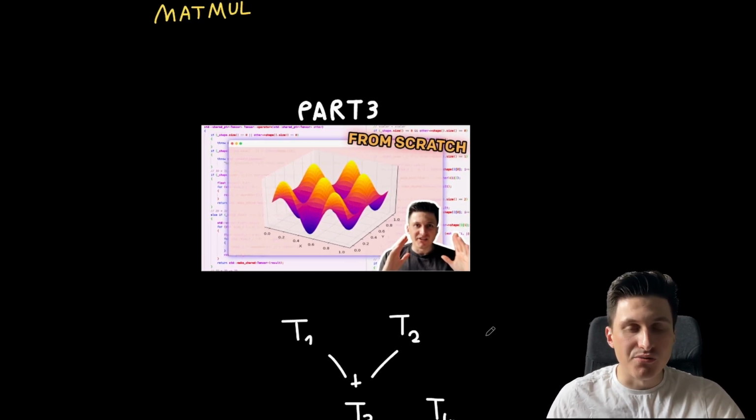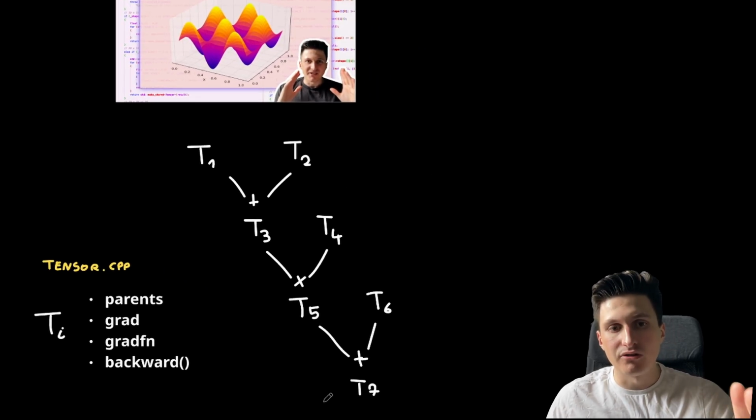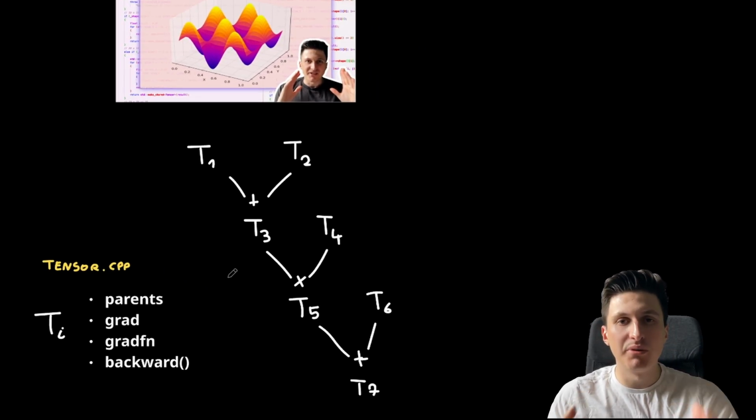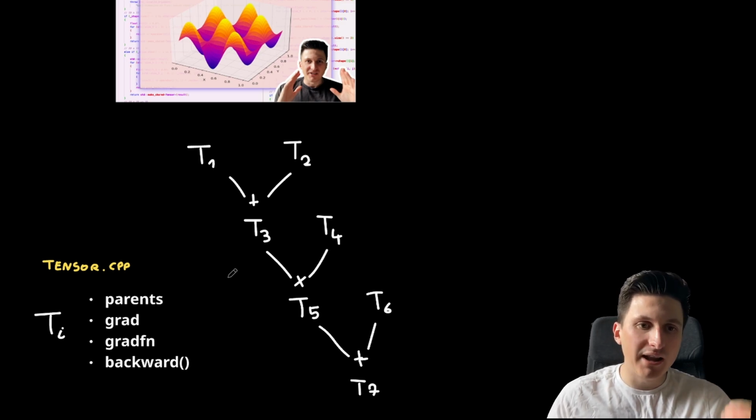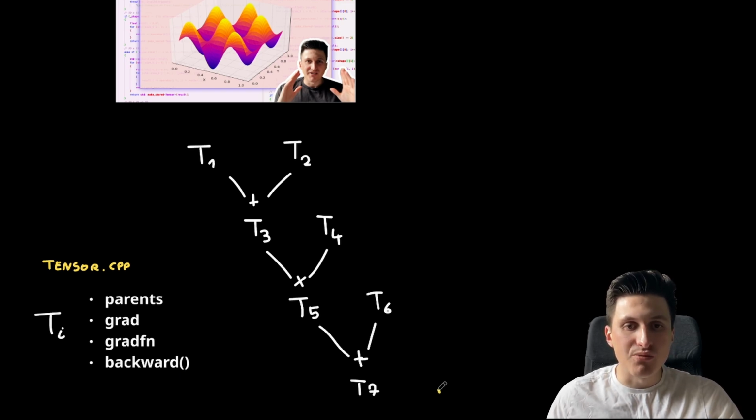Then in part 3, we implemented it in such a way that each tensor also keeps track of the entire computation graph that led up to that tensor, which will eventually be necessary in the backward pass. And in the backward pass, we also implemented a backward method, which will iterate in backwards order through the computation graph and update the gradient of each tensor.